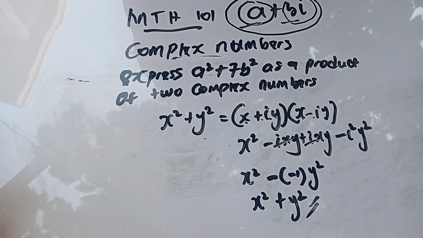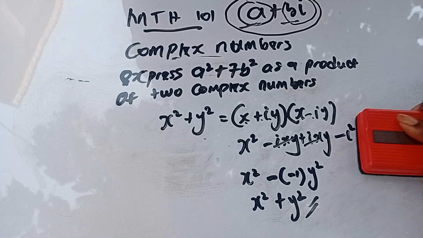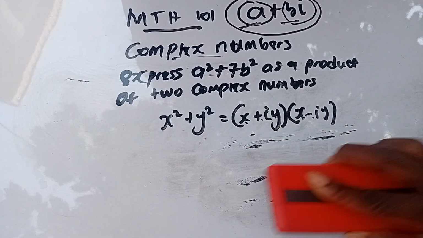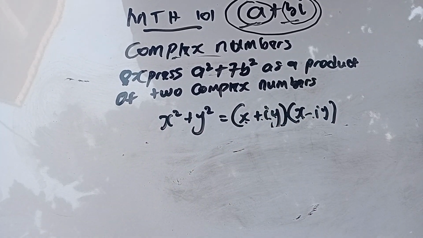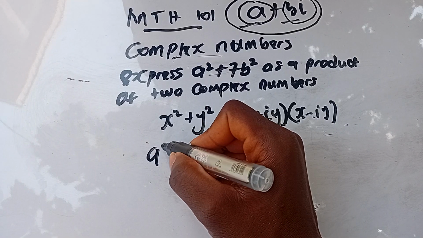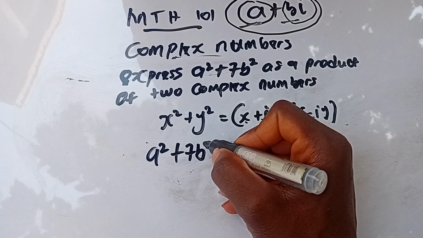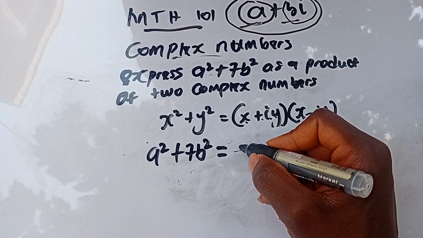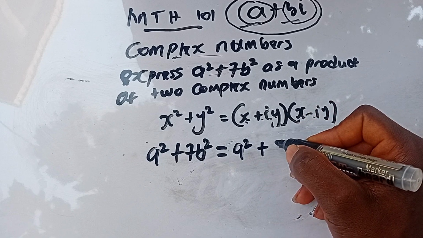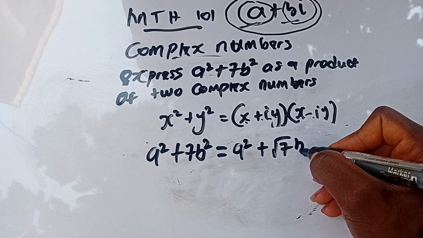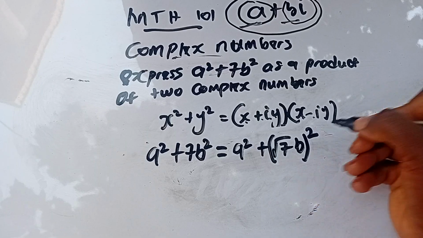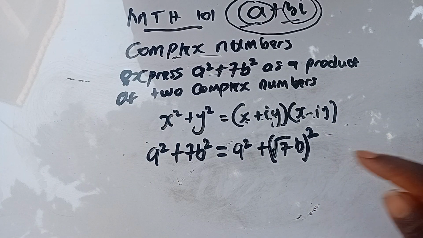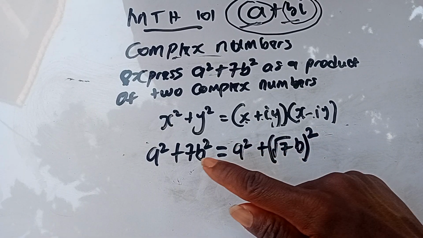So here, since this equals this, we want to write this in that form: a square plus 7b square. Don't forget, you can write it as a square plus root 7b all squared, because root 7 square will give you 7.